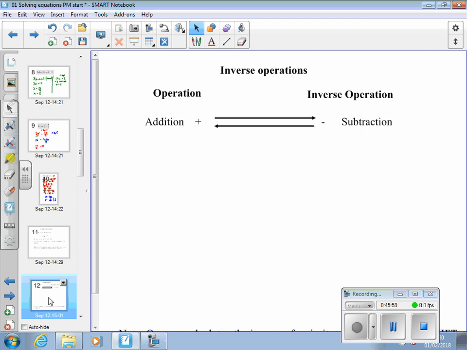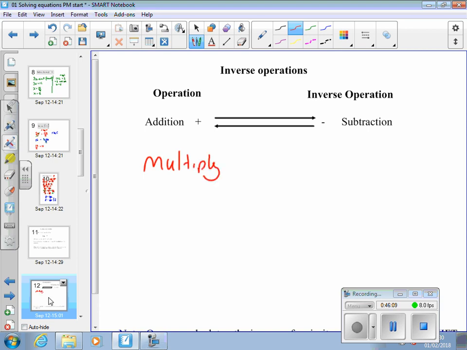So if it's attached by addition, we subtract. Multiplication is opposite to divide. It's a two-way thing.